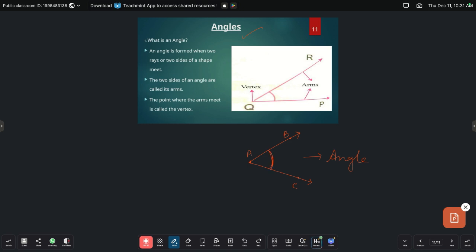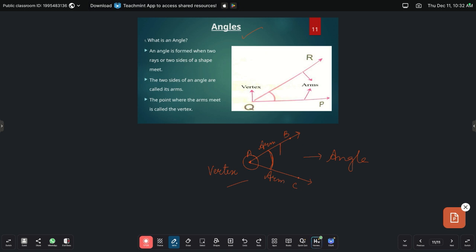Actually, what are these rays called? These rays are called arms. This one is also called an arm, and this one too. And the point where these two arms are meeting is called the vertex. Let me repeat it, boys. When two rays are meeting at a single point, they form an angle.